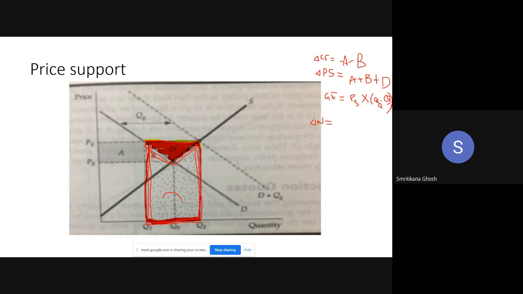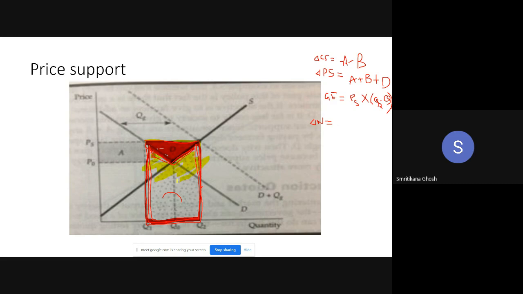Because who are the receivers? Either producer or consumer. But they are not receiving it. Ma'am, but B is the part of the producer surplus. But B is given by the consumer. Oh, okay, ma'am. B is again given by the government, but that B is not taken by anyone. Okay. So now this is the deadweight loss.